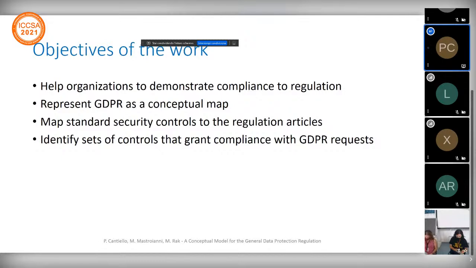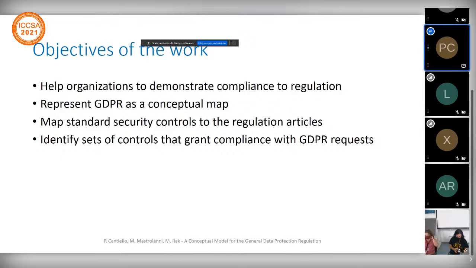We started by analyzing the GDPR, the regulation entirely, and approaching it as a conceptual map. I will show the representation now, and starting from it, we decided to map the articles of the regulation with standard security controls.